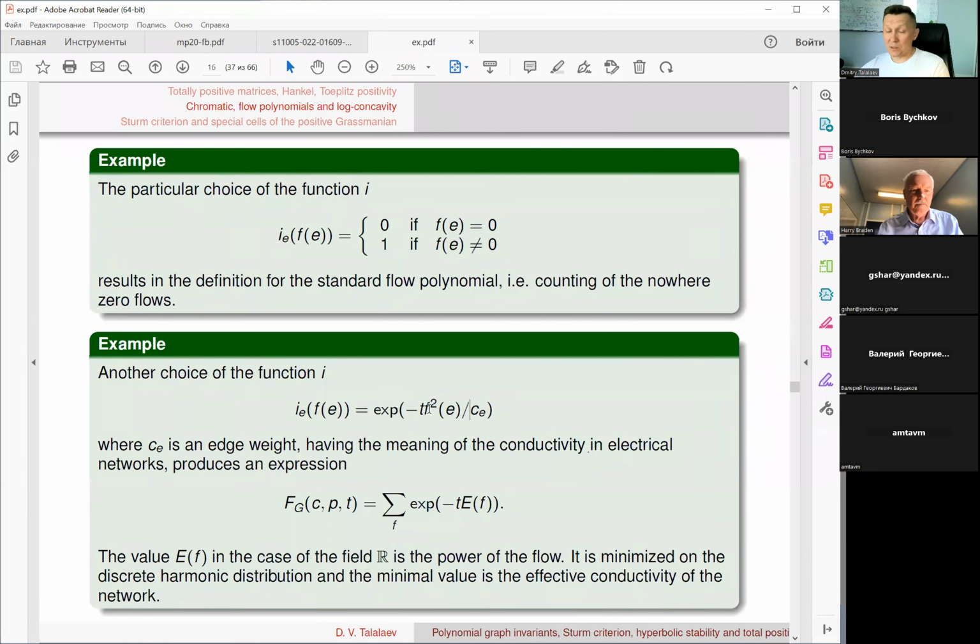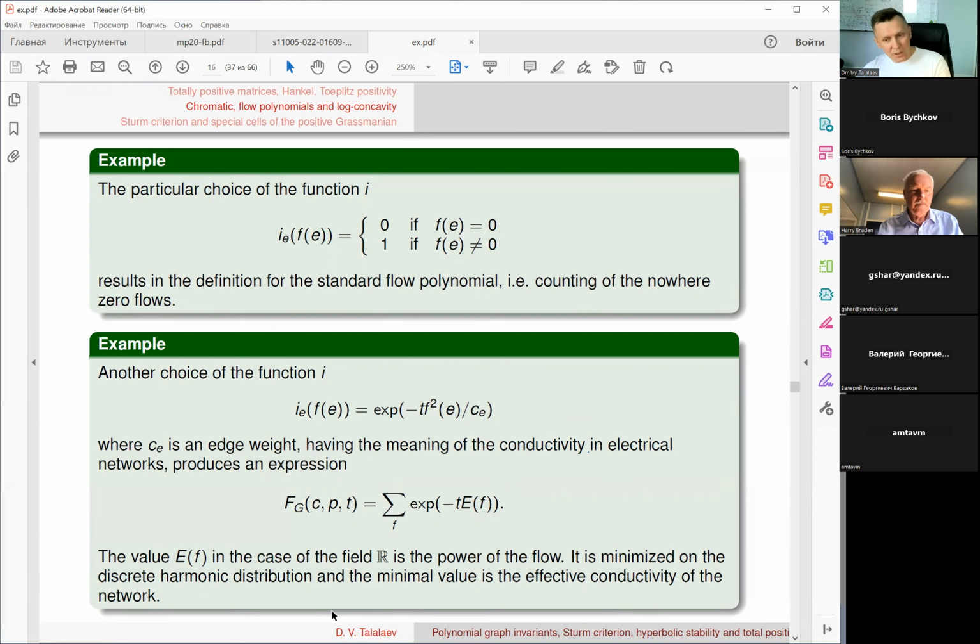We take the square of this value and divide it by some weight, which has the meaning of the conductance in electrical networks, and the complete flow polynomial imitates a partition function of the sum of energies of flows in an electrical network.